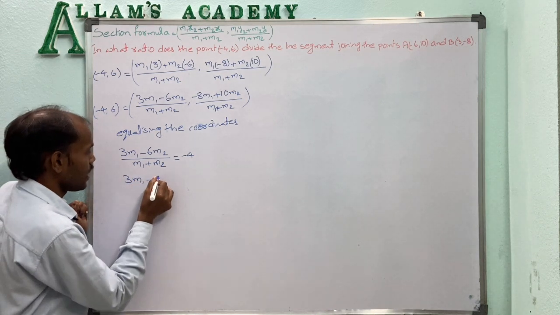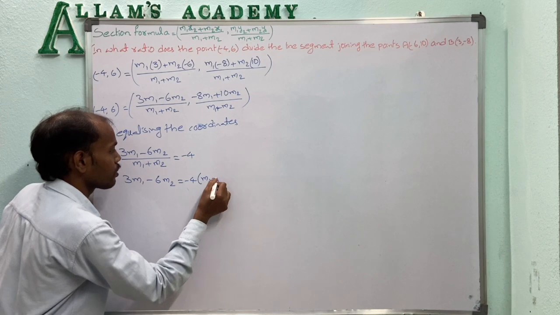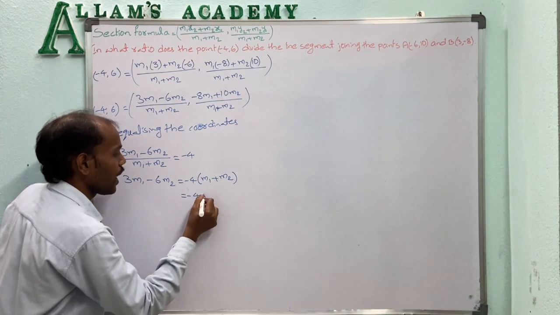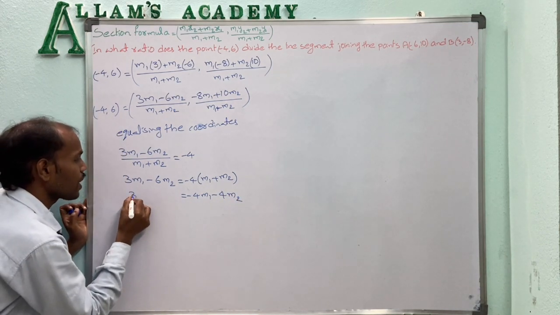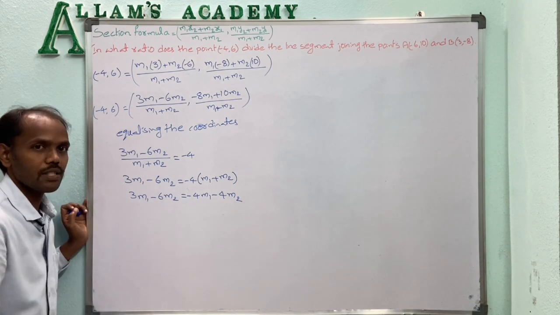So 3m1 minus 6m2 is equal to minus 4 into (m1 plus m2). Minus 4 multiplied with m1 plus m2, we get minus 4m1 minus 4m2. So 3m1 minus 6m2 is equal to minus 4m1 minus 4m2.